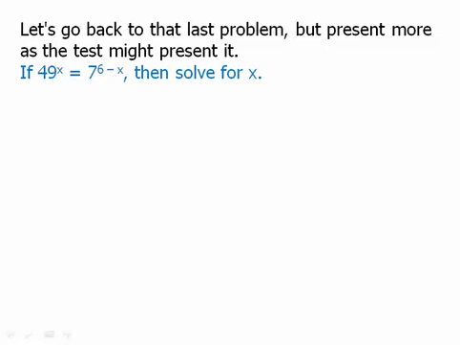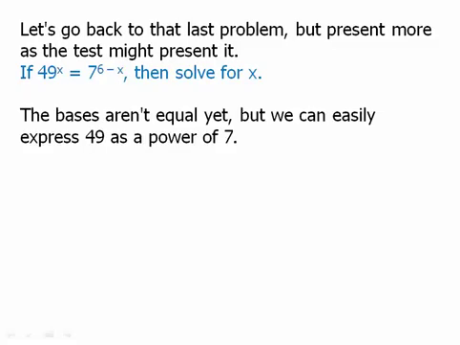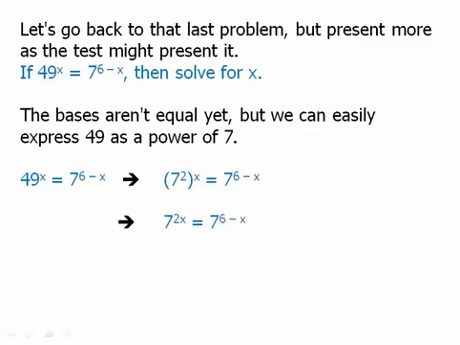We just have to recognize that 49 can be expressed as a power of 7. So I'm going to start with that equation, and replace that 49 with 7 squared. And of course, I can multiply through the exponent, and now this looks like the actual problem we already solved. So just by doing that one substitution, we're able to make the bases equal. Now we can set the exponents equal and solve.